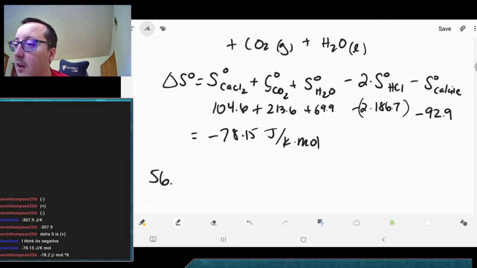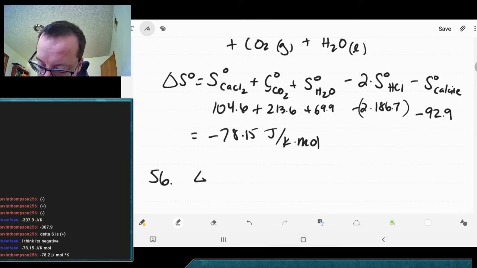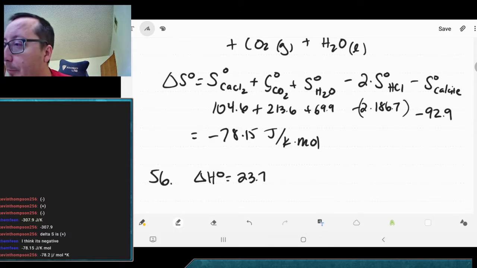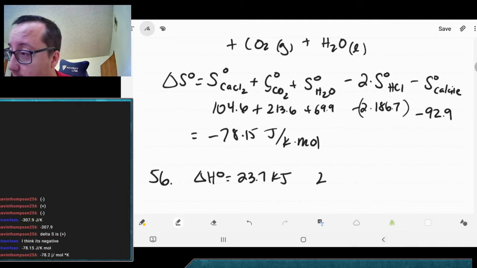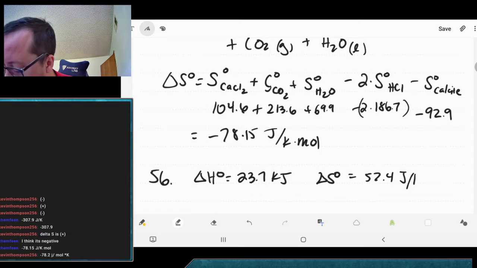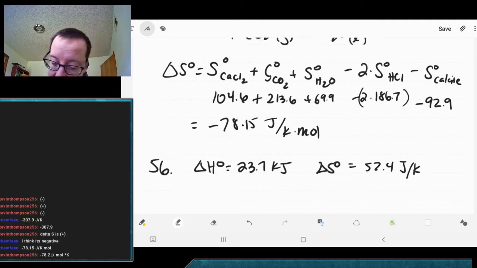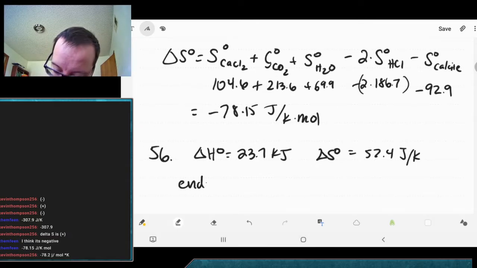So this one says a certain reaction has a delta H of 23.7 kilojoules per mole, or just kilojoules, I suppose, and a delta S of 52.4 joules per Kelvin, both of these being positive quantities. First one's asking us if it's exo or endothermic. Hopefully we can tell right away this is going to be endothermic, right? Because we have a positive delta H.